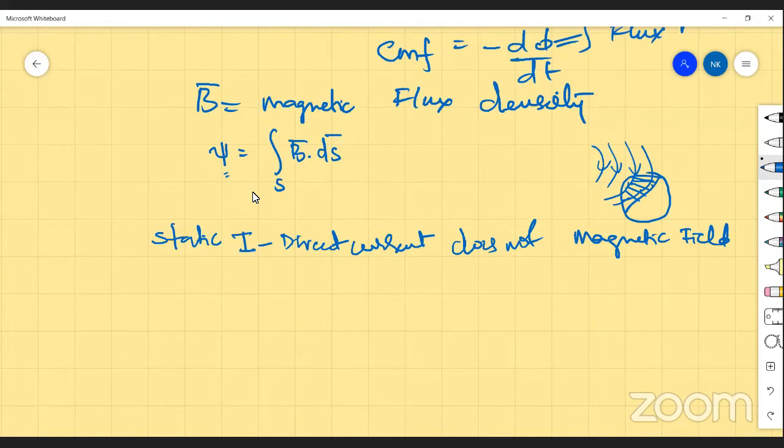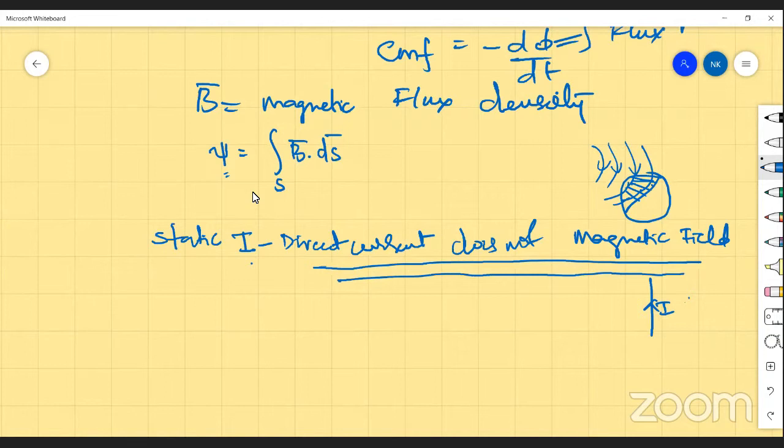Now, direct current does not produce any magnetic field. Is it correct? Correct or not? Direct current produces a magnetic field, definitely. Don't misunderstand the concept here.